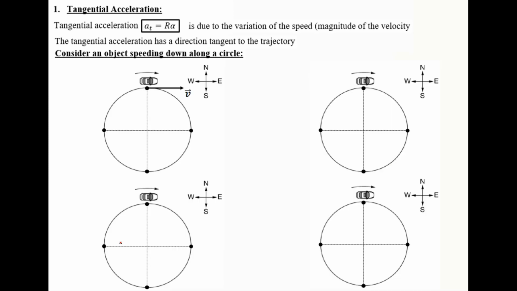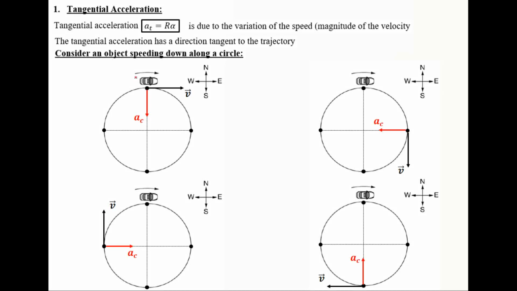Now, what about if the object is slowing down? The velocity would always be tangent to the trajectory and in the direction of motion, because remember that velocity is an indication of the direction of motion. Centripetal acceleration is always toward the center, whether it's speeding up or slowing down.